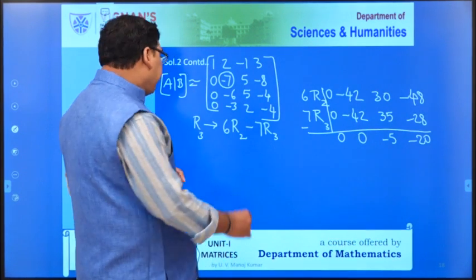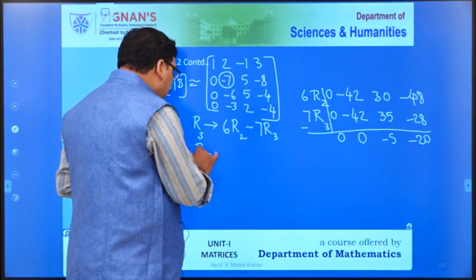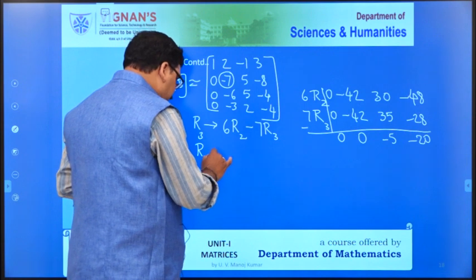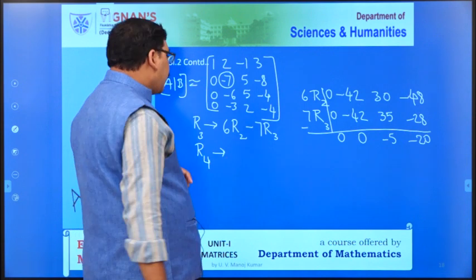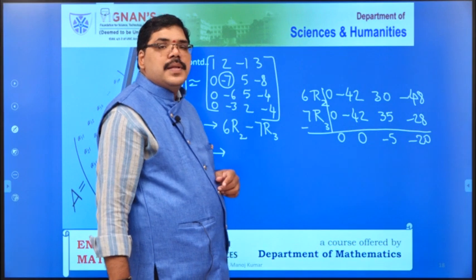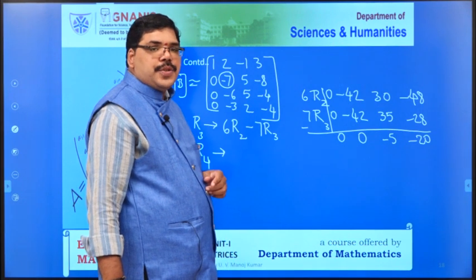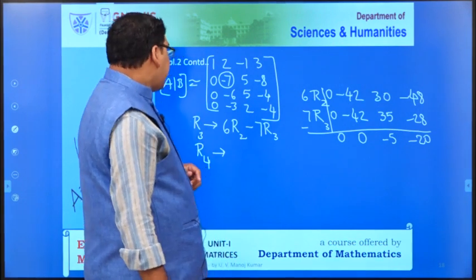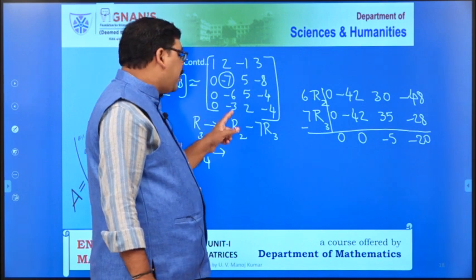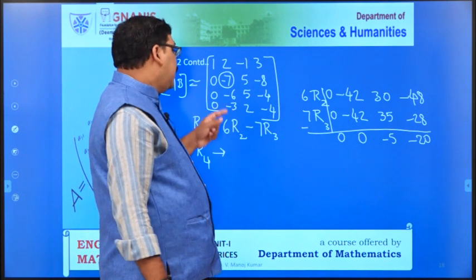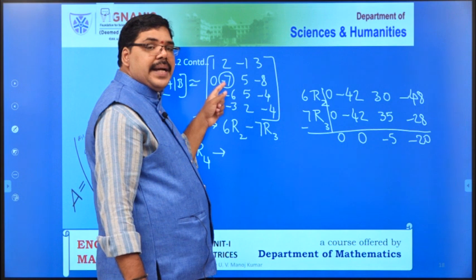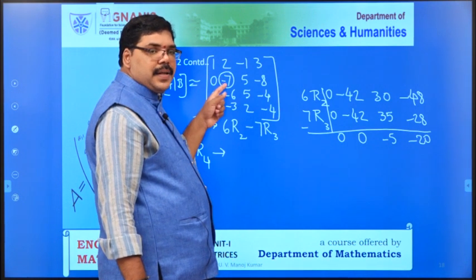Similarly, R4 changes into, see what is the first element, what is the second element of R4? Minus 3. What is the second diagonal element? Minus 7.